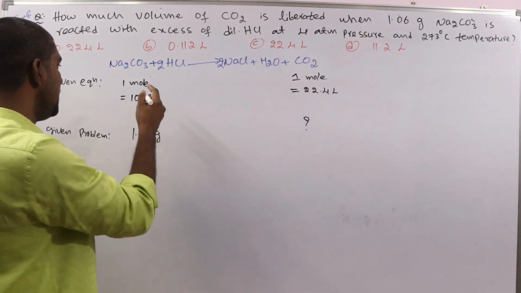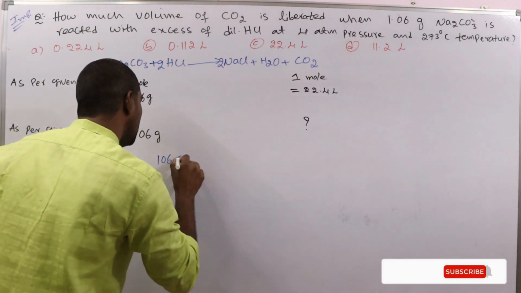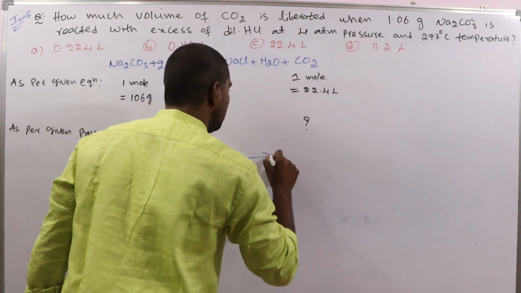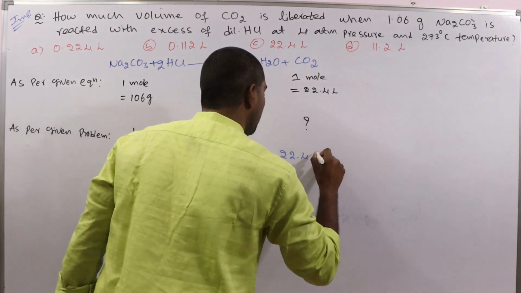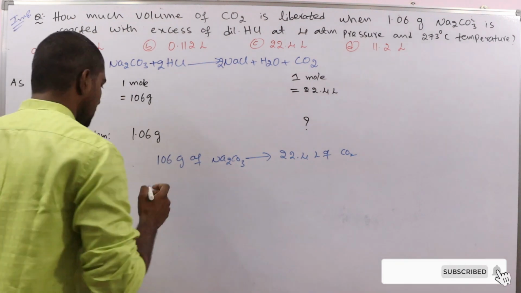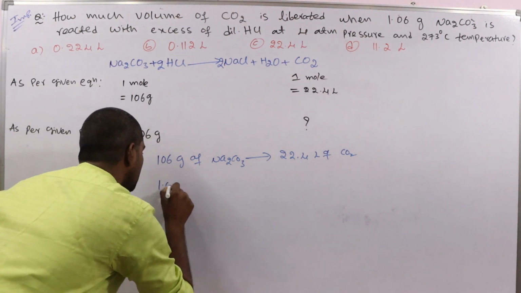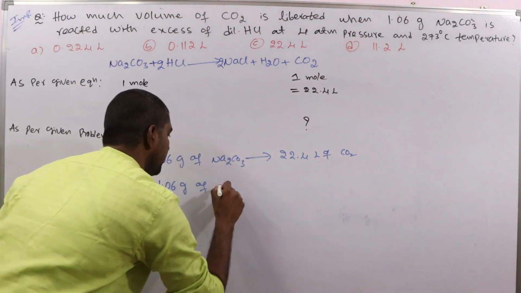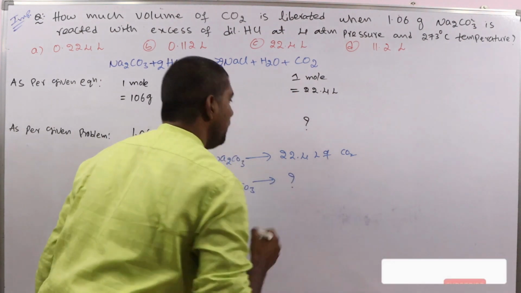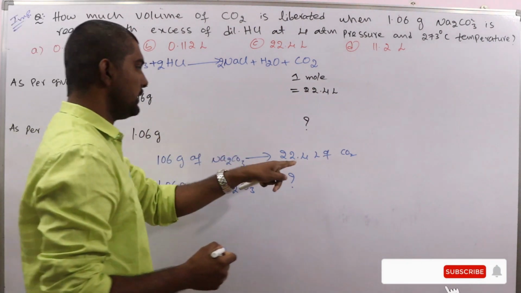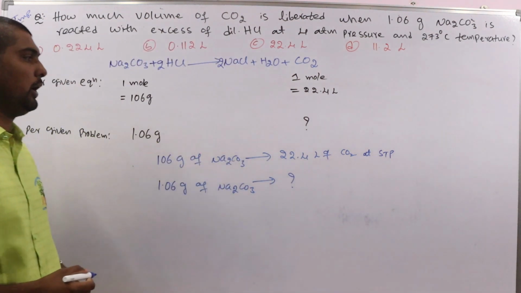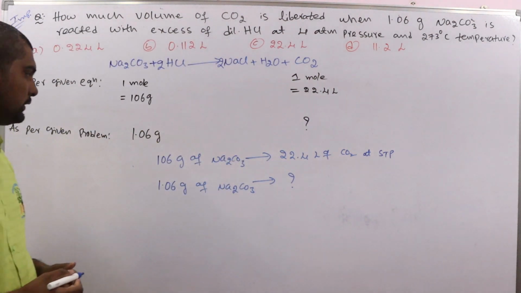So see here, 106 gram of sodium carbonate gives 22.4 liter of CO2, and 1.06 gram of sodium carbonate gives how many liters of CO2? This is at STP, remember that. 22.4 liter of CO2 at STP.